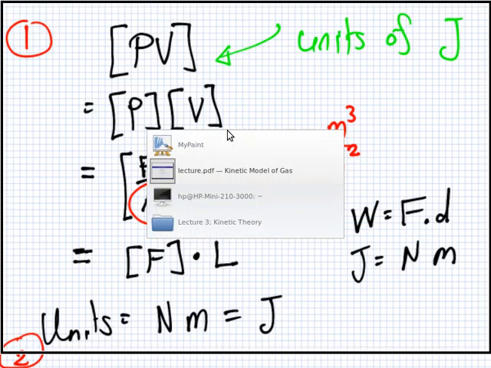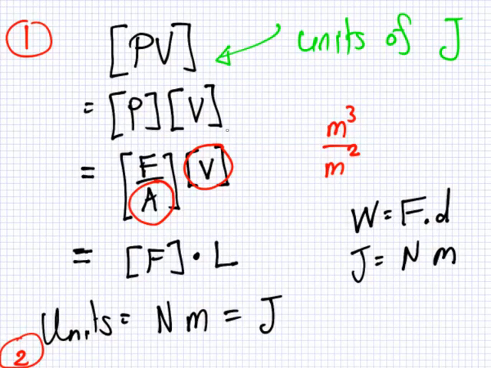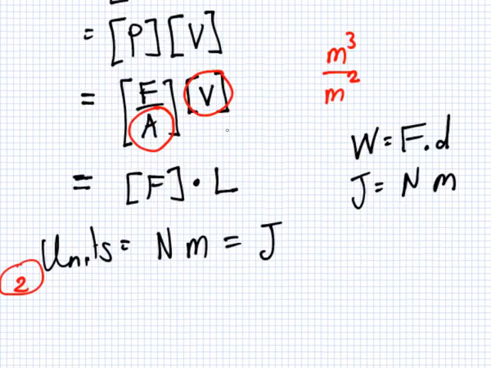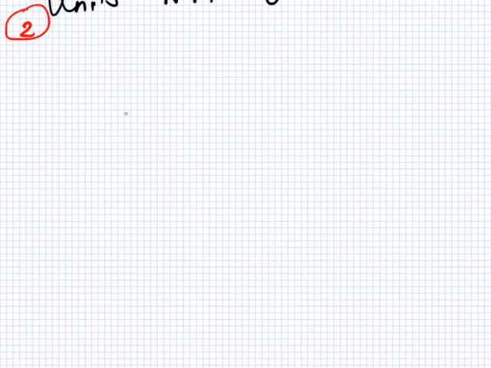Next. What is the pressure on an airplane 10,000 feet high? 3 feet is about 1 meter. Right, so here is the ground.